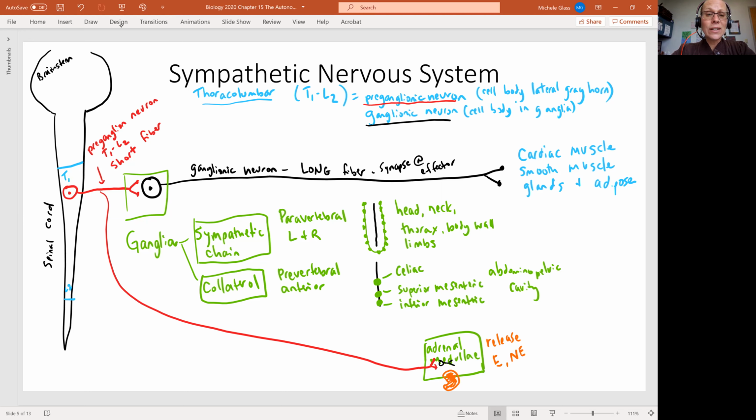And what we see here is that these neurotransmitters are released into the bloodstream, not at a synapse. And so by definition, if a chemical messenger is released into the bloodstream, it's classified as a hormone. So not only do we get epinephrine and norepinephrine released at our synapses, but we also get them released here as hormones.